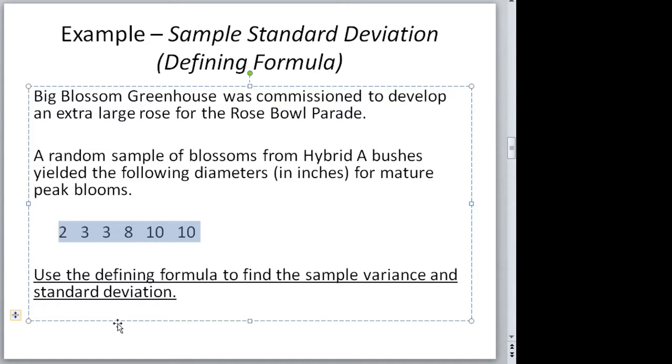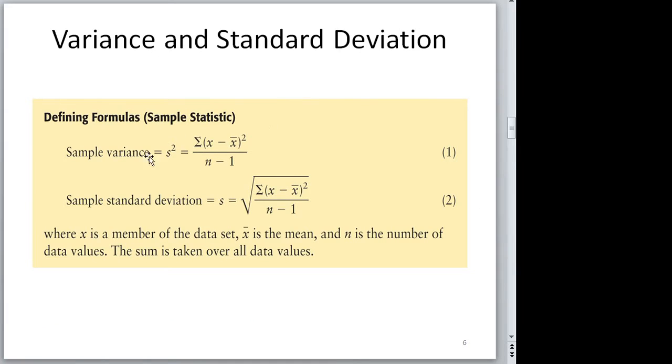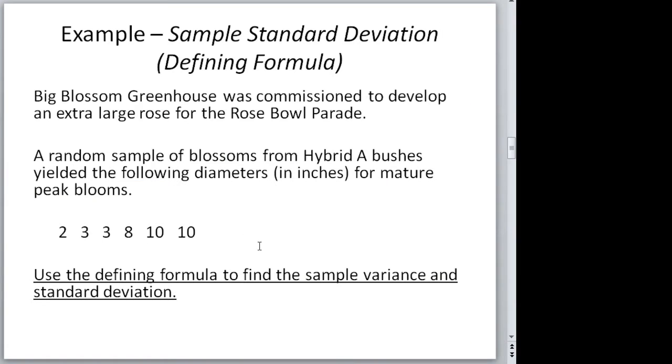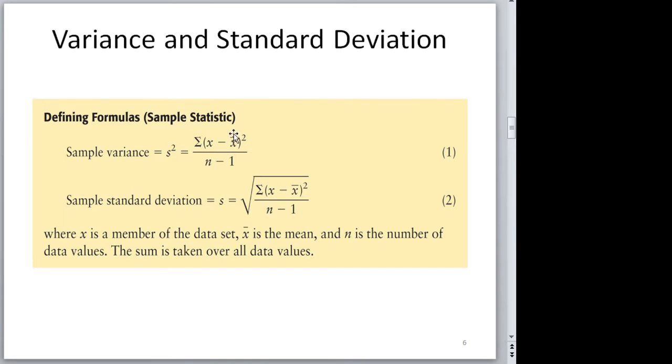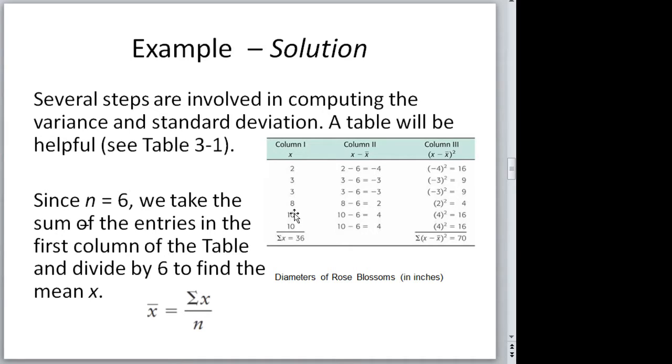Now we're going to use the defining formula that we see right here to calculate the variance. So what do we do first? According to that formula, we need to find x bar, the mean, first. They put it in a nice table form.